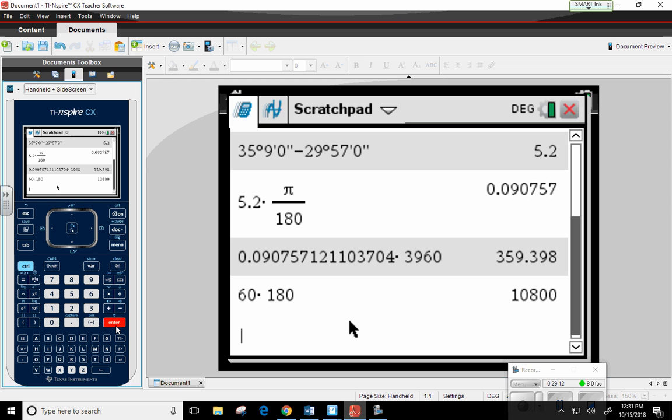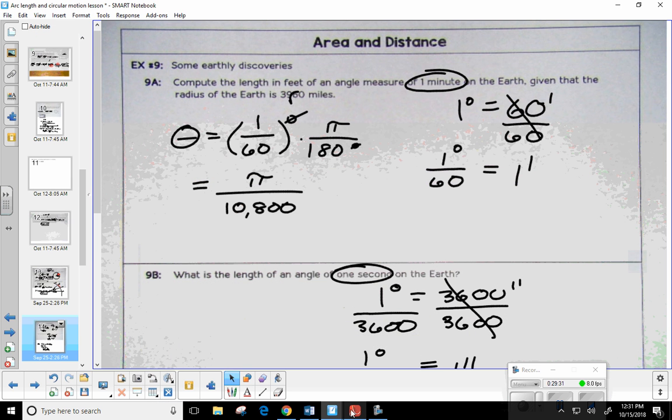Yeah. How'd you know that off the top of your head? Well, a couple things. I've really taken the time to try and practice and improve myself, but also I've done this lesson 3 other times today, so I know. That kind of takes away the magic of it, but it was still pretty impressive for a second, right? Anyways, 10,800 pi over that is going to be my radians.